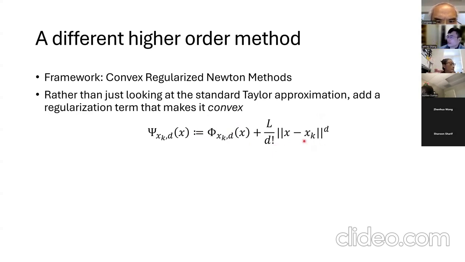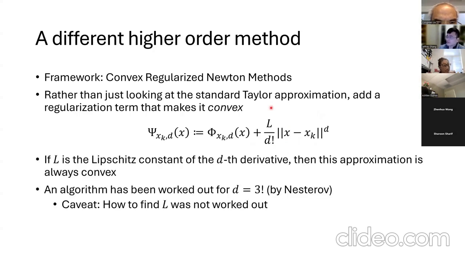The idea behind this regularization term is if I pick the constant out in front in a particular way, and in particular it's going to depend on the Lipschitz constant of the dth derivative, then this function is always going to be convex. And what people have hoped is that, again, convex optimization is generally seen as easier, so if you have something convex, maybe we can minimize it.